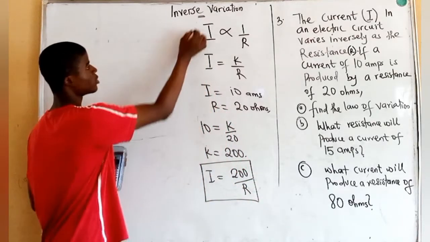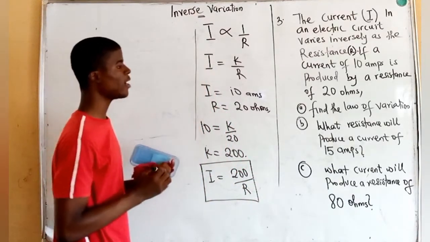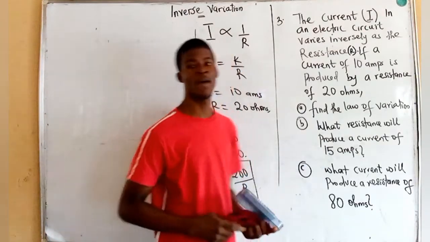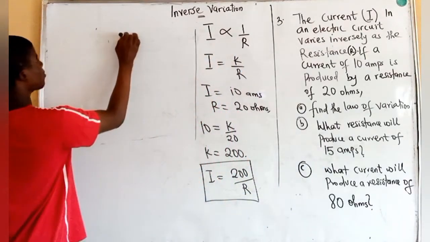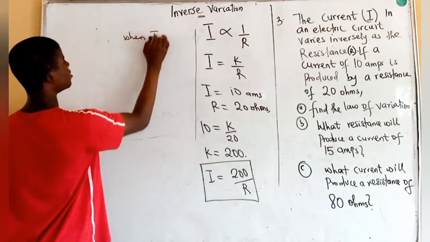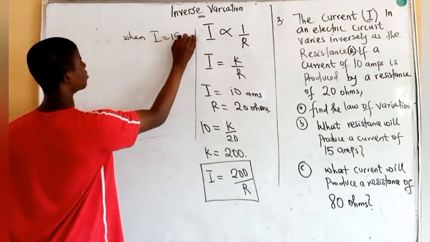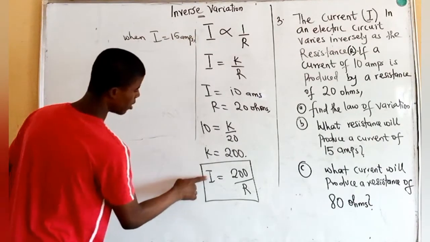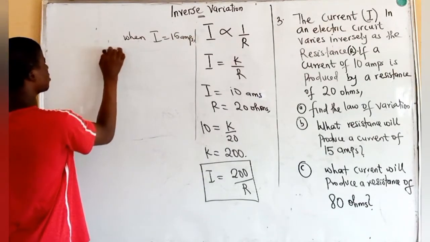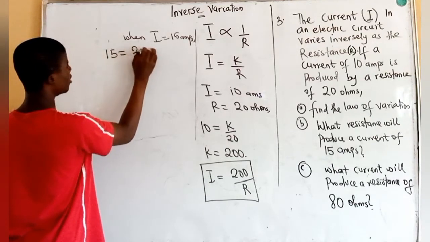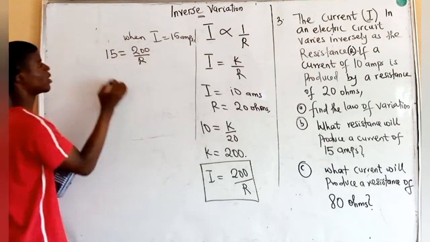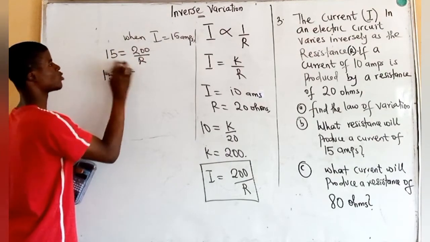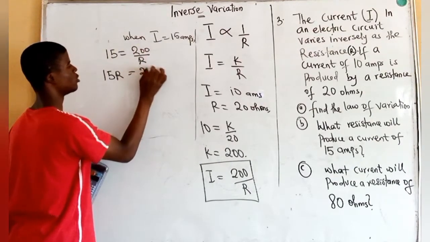Now the second question says, what resistance will produce a current of 15 amperes? So when the current is 15 amperes, we have to find the resistance. So 15 is equal to 200 over R. So 15R, after cross multiplying, is equal to 200.